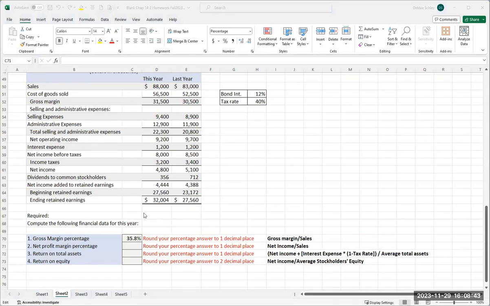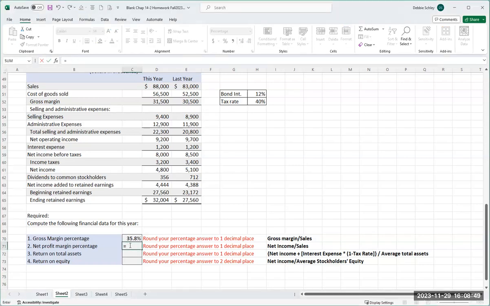So it's going to be the one that's just above where we pay the dividends. That's what I thought, but I wanted to be sure. So equals the net income, the one that's just above the dividends, divided by total sales. And again, we're doing this year. And this one is also a percentage, and you round it to 1 decimal place.